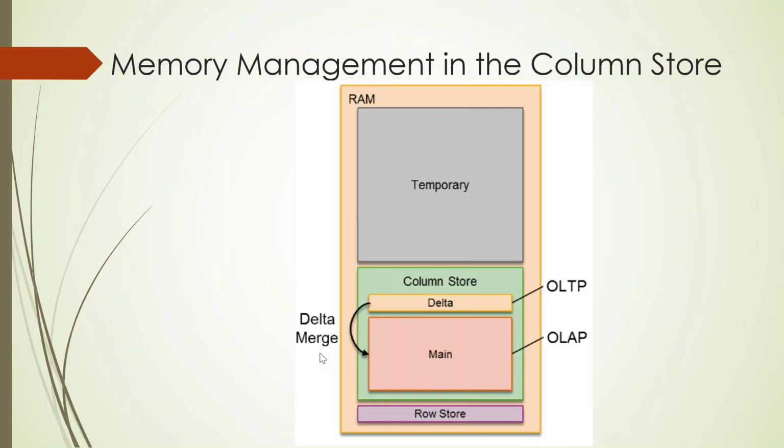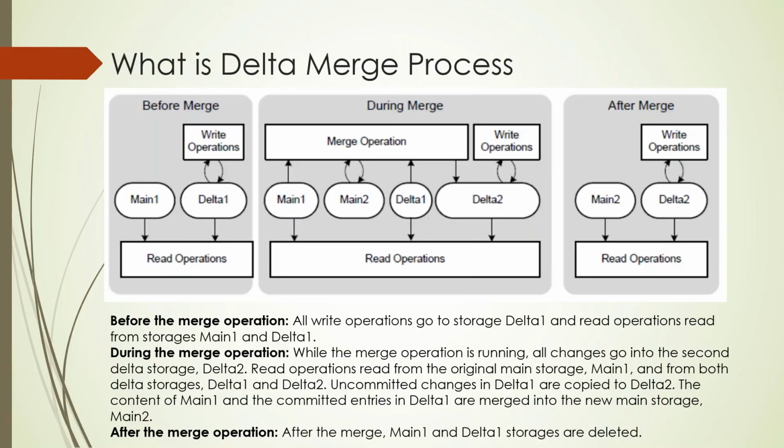So what happens before the delta merge process, during the delta merge process, and after the delta merge process? The delta merge process is basically doing garbage cleanup. Whatever old or garbage data is there in the memory, the old unused data, will be removed from the memory to free it up. Let's see that.